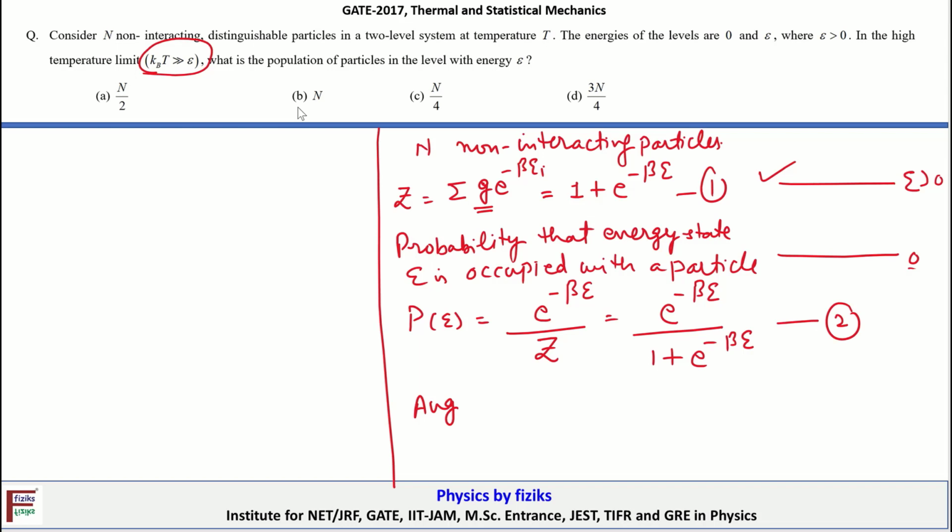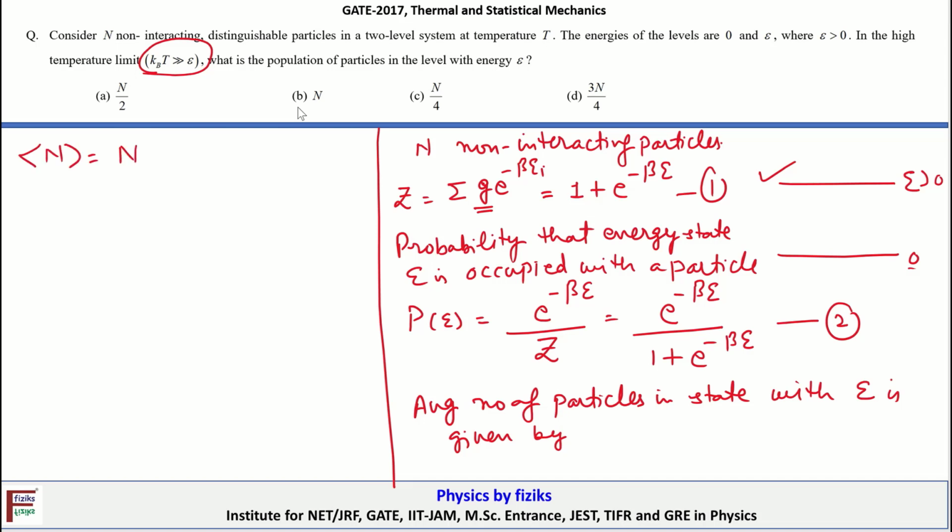But when we have to determine the average number of particles in that energy state, that is given by this expression: the average number of particles in state with energy E is equal to n multiplied by the corresponding probability. That means it is equal to n exponential minus beta E upon 1 plus exponential minus beta E.